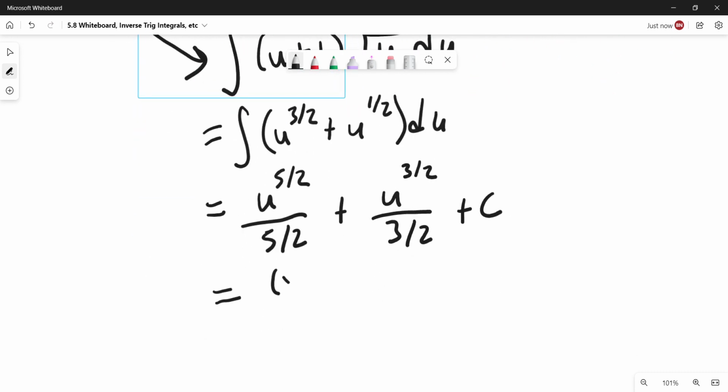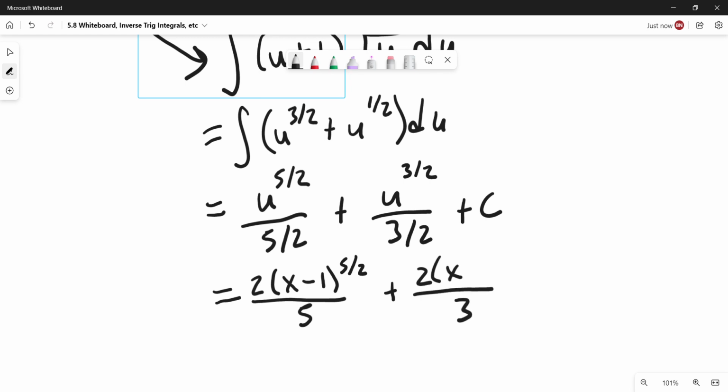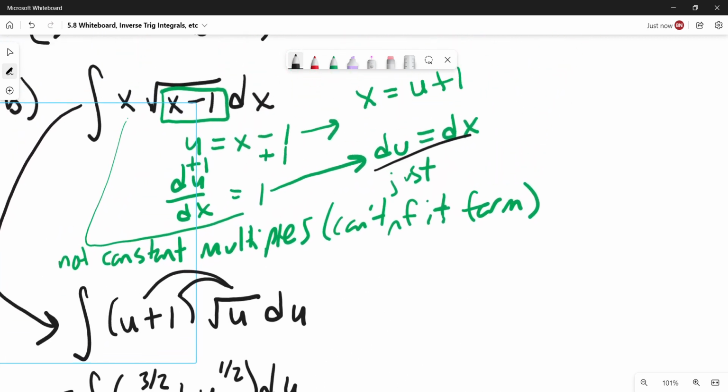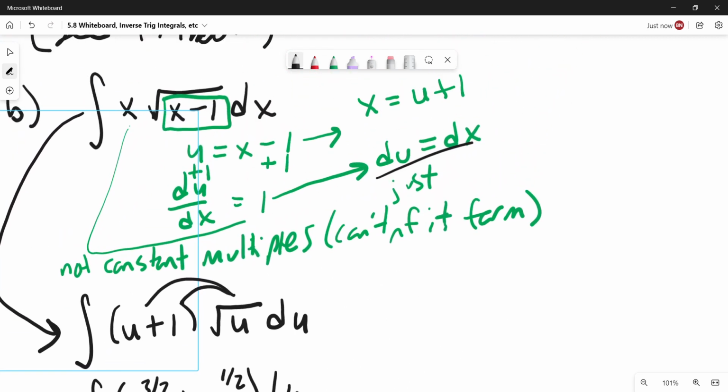So x minus 1 to the 5/2 over 5/2, so times 2/5, plus 2/3 x minus 1 to the 3/2 plus c. All right, so kind of gross, but we just needed formal u substitution. It wasn't impossible. So remember, that is a possibility, especially in problems that kind of look like this. Okay, so B was possible.